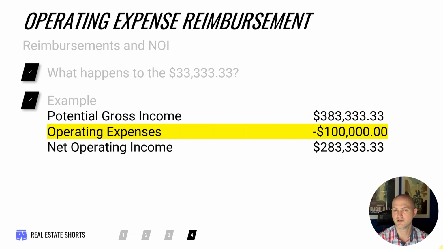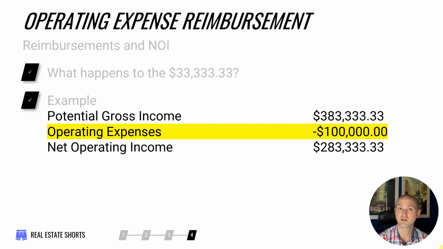Now, don't forget that just because you are collecting some of this reimbursement revenue because of that lease, doesn't mean that you can simply ignore all the operating expenses. You still have that $100,000 bill. The only difference is that because of the lease type you chose and the negotiations with that tenant, you get to claw back, or be refunded, some of that bill.